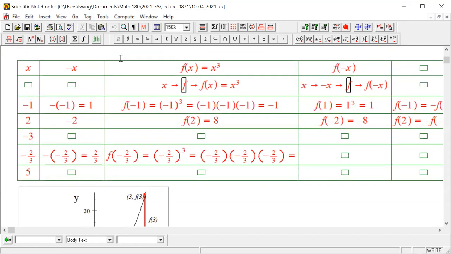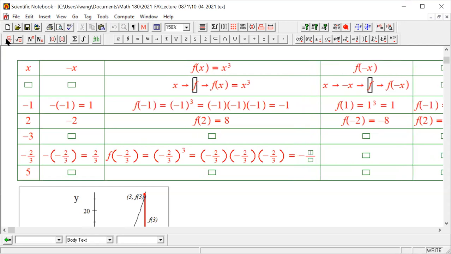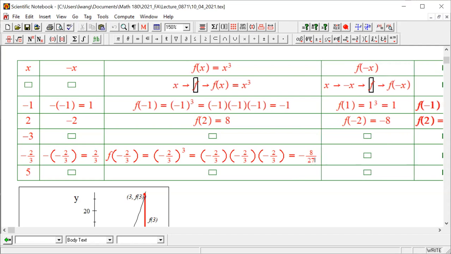So in the end, you get negative 8 over 27. And f of 2/3 is just equal to 8 over 27. It's a positive number.